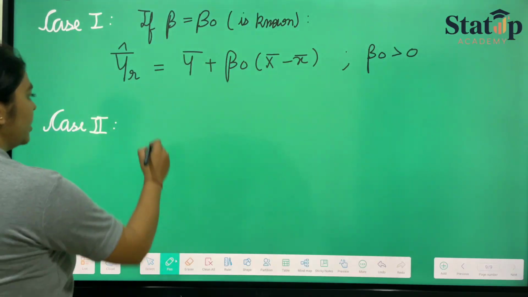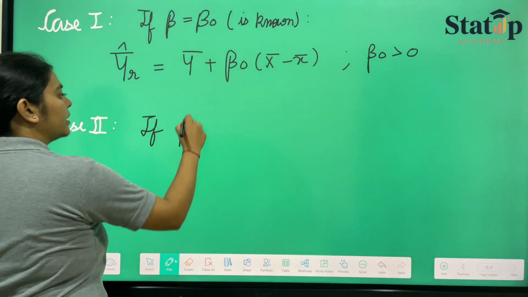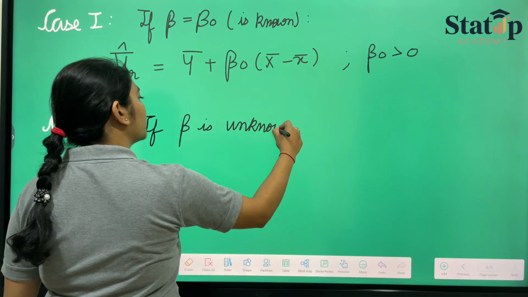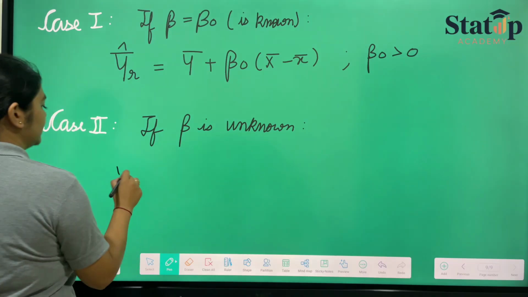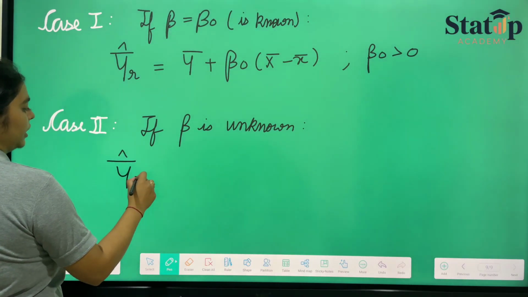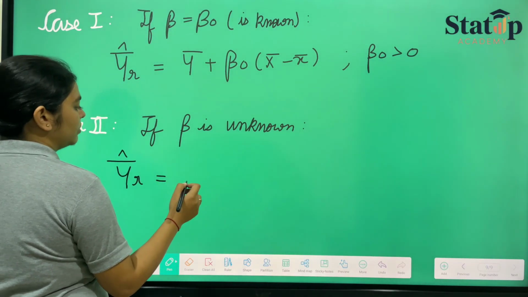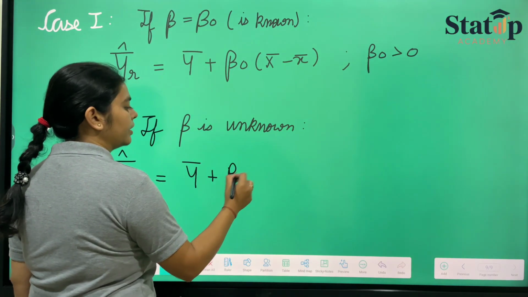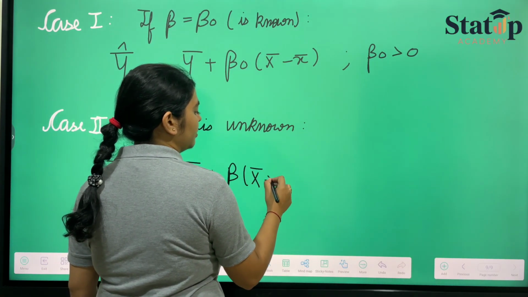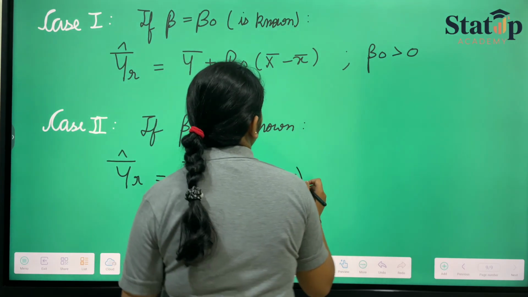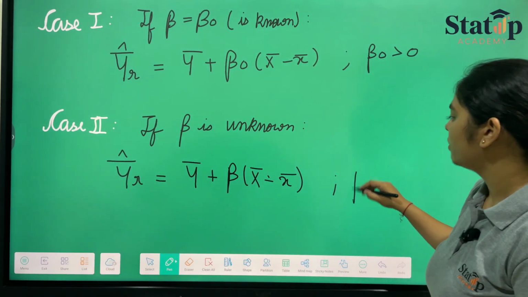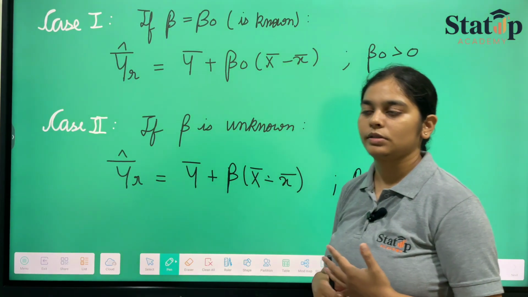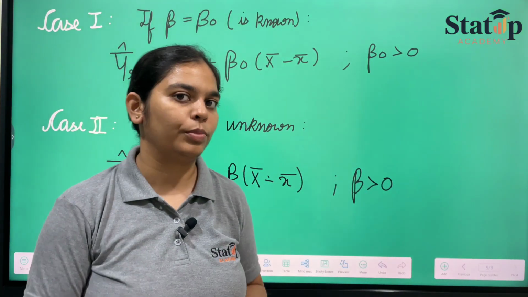And case 2, when beta is unknown, we can say that the mean of the regression estimator is equal to y bar plus beta into capital X bar minus small x bar, where beta is greater than 0.